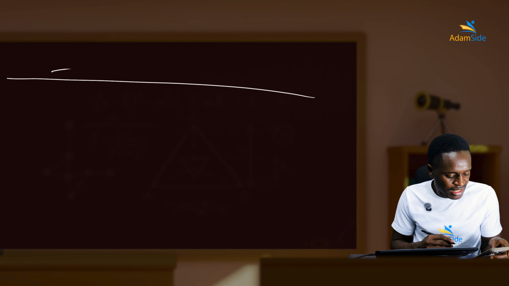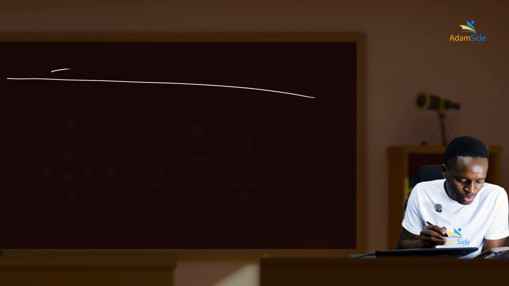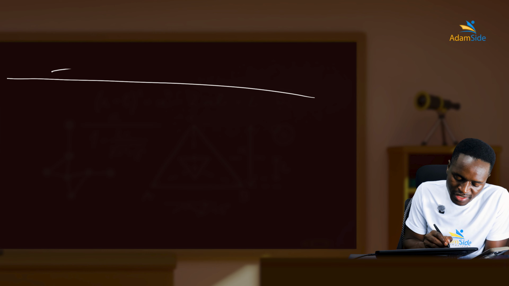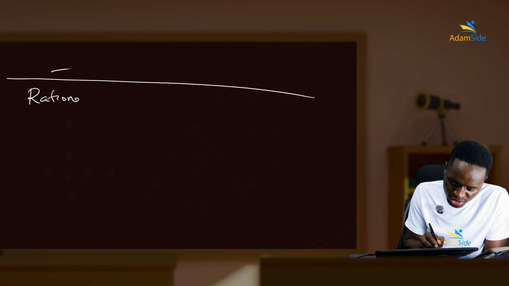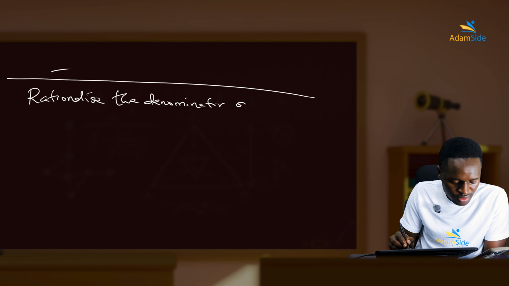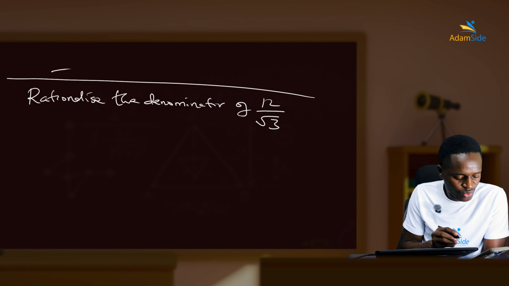That's rationalizing. They say rationalize the denominator of 12 over root 3. This is so simple.